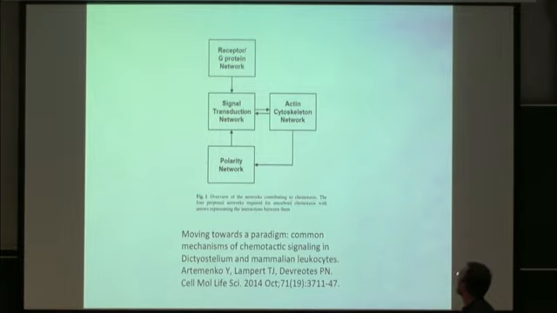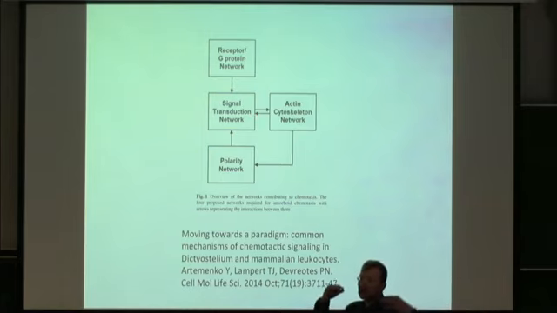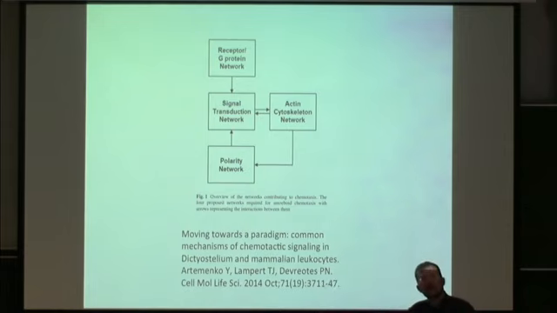Here's already a slight complication, because there's also an arrow going back into the signal transduction, because many components bind to the growing actin network and reinforce the signal there. And then the polarity network essentially describes the formation of the front-rear axis, and in particular the myosin accumulation at the rear.